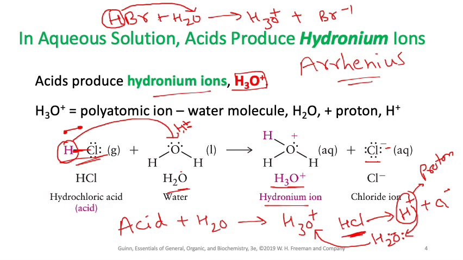So that means hydrobromic acid is an acid. Why? Because in water it produces H3O+ ion, and this is the definition given by Arrhenius. So make sure you remember the definition of an acid.